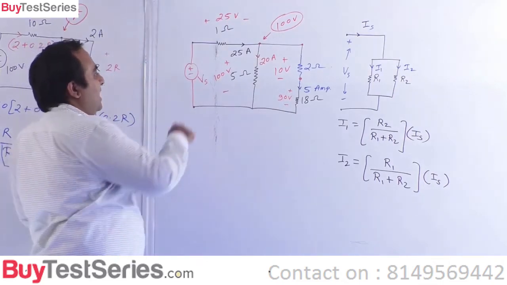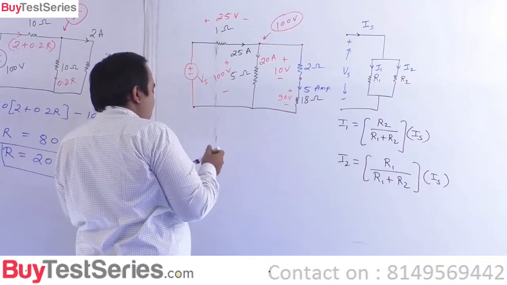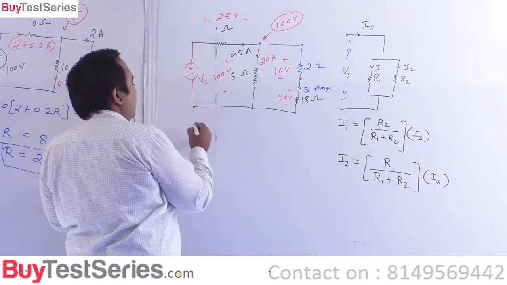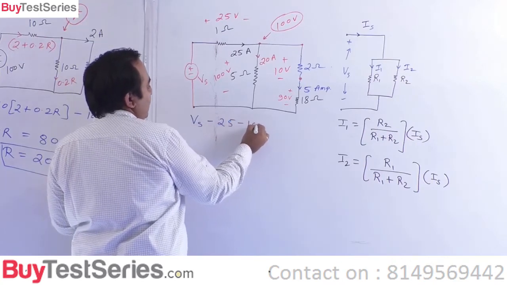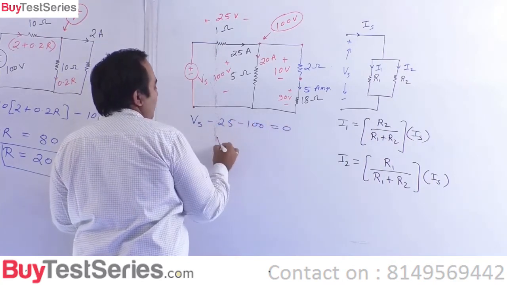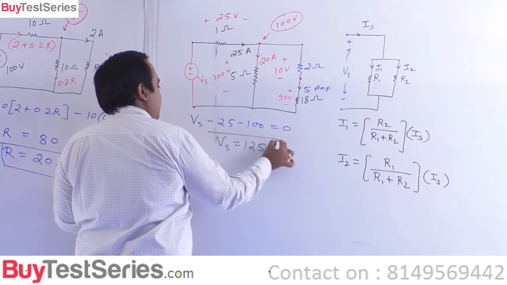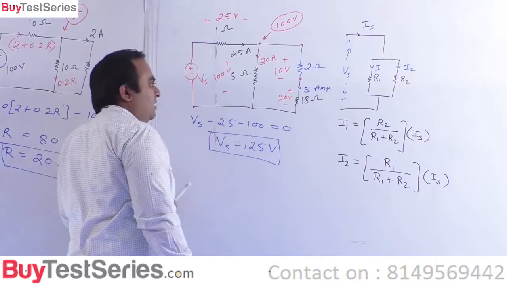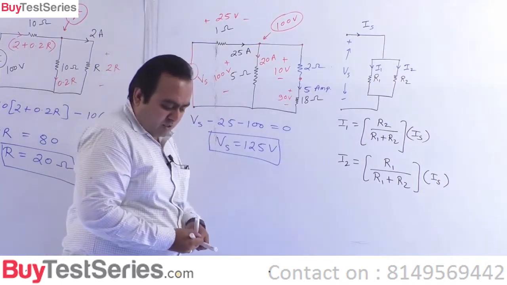So I can simply have this loop, or you can take the outer loop as the case may be. If I take this loop, simply it's quite visible. Vs minus 25 minus 100 is 0. So Vs is 125 volts. Alright. So this is the current division rule which you can use.